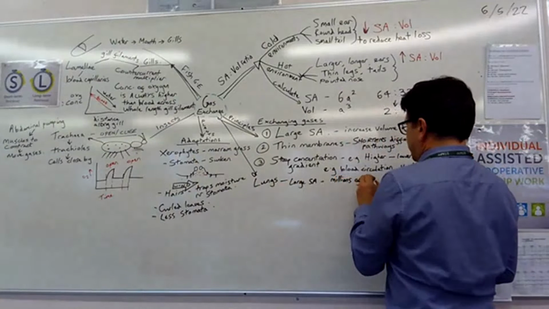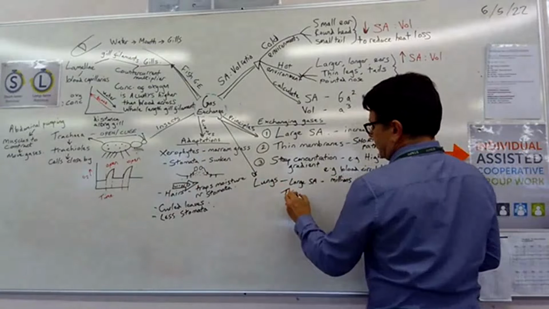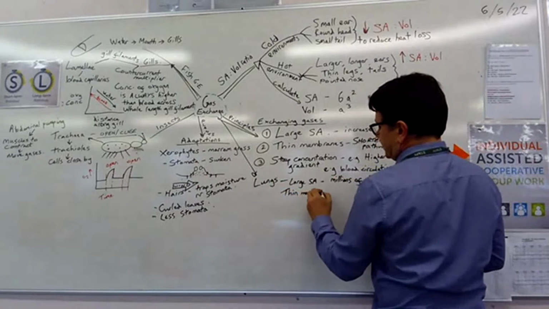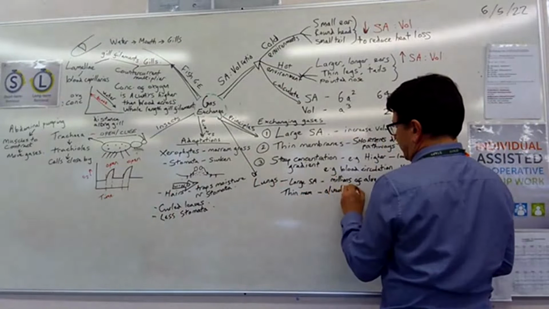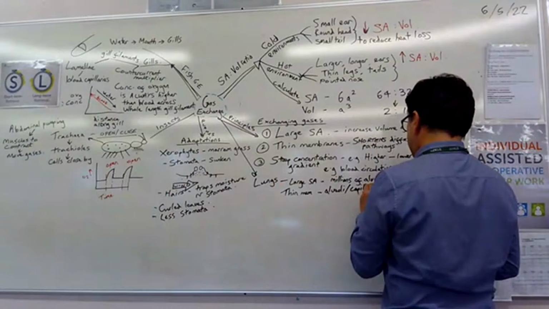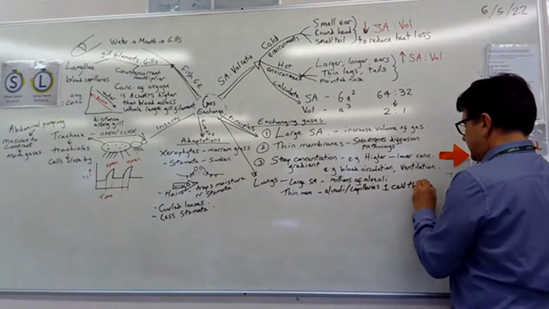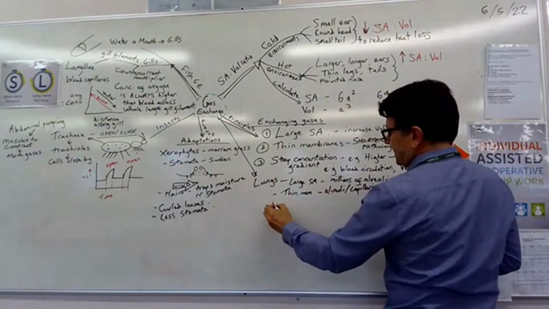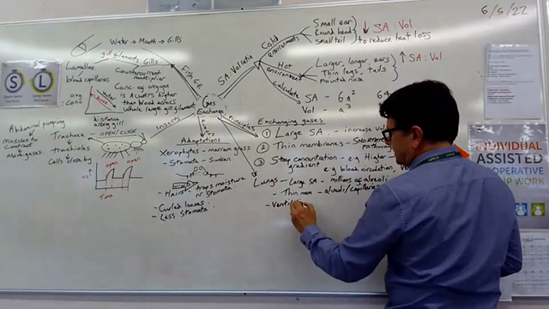What about the thin membranes? The alveoli and capillaries are one cell thick. And you've got ventilation that is maintaining a steep concentration gradient.